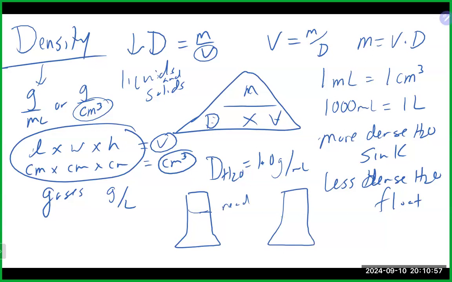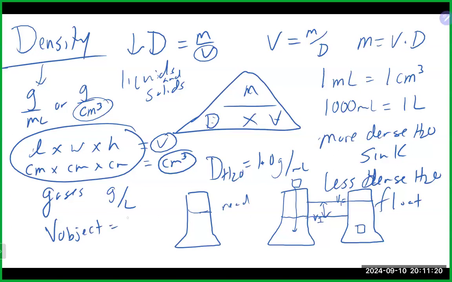If you fill a glass container like a graduated cylinder with liquid and have an initial volume, and you drop a solid object in there, the water will be displaced by the solid object, and you will have a final volume. By taking the difference in the two volume readings, you get the volume of the object, which is the final volume minus the initial volume. That's a very common way to get the volume of a solid object: by dumping in some water, taking an initial and final reading.